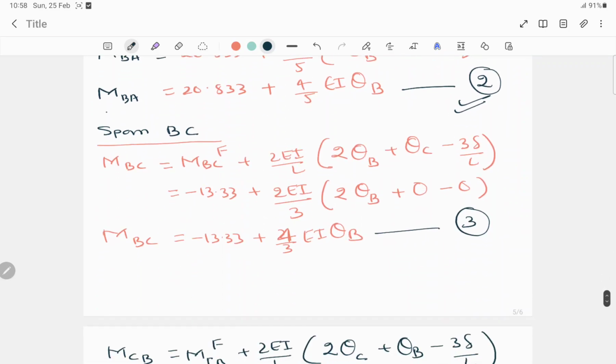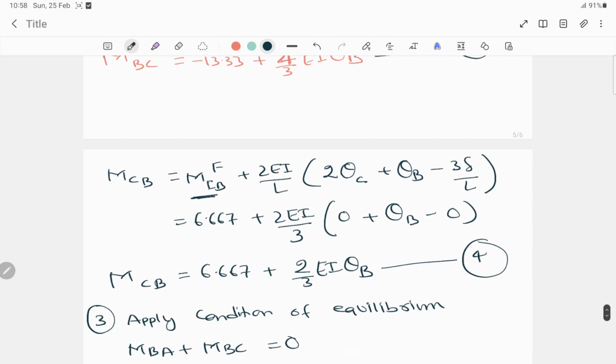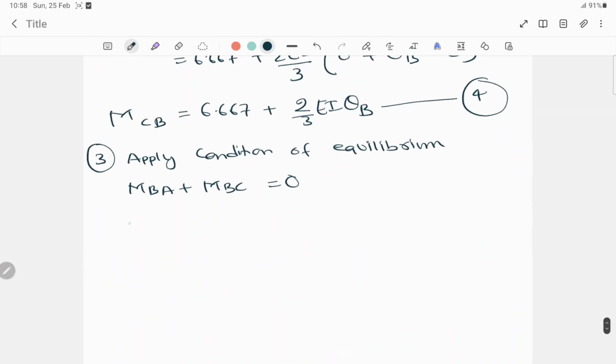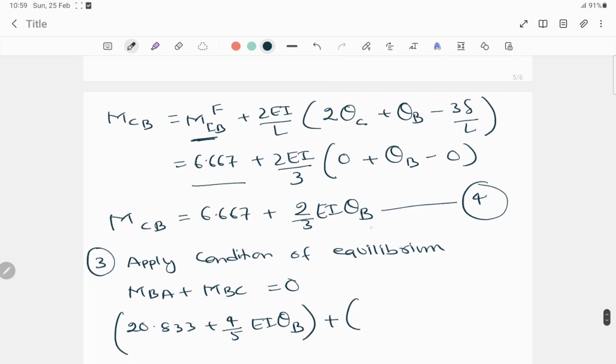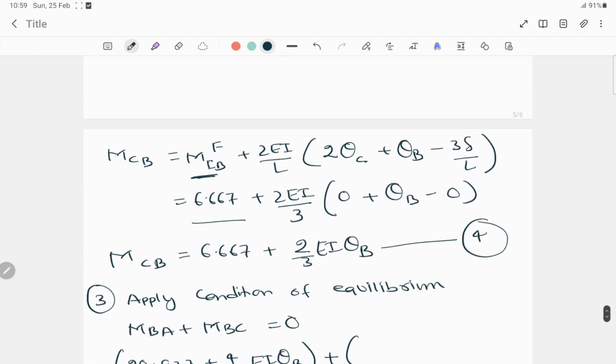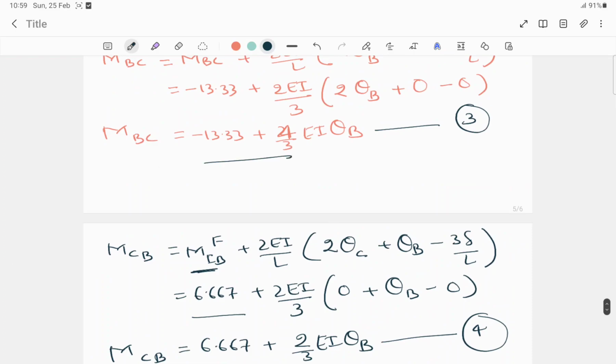So MBA is 20.833. Okay, so we have to write here the equation, that is 20.833 plus 4 by 5 EI theta B. This is the equation for MBA, plus the second, we have to write the equation for MBC. MBC is this one, right?